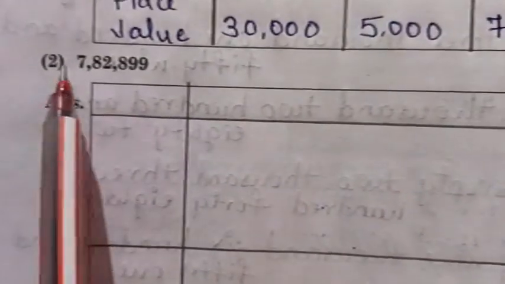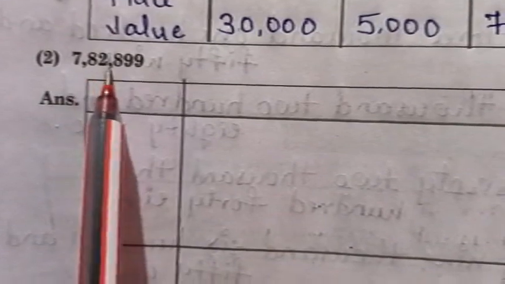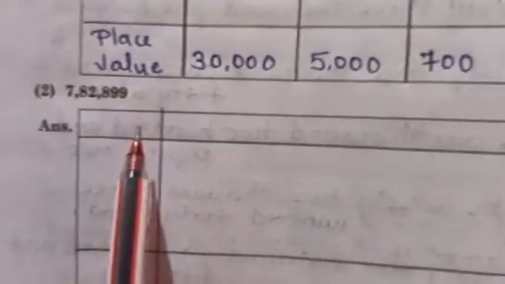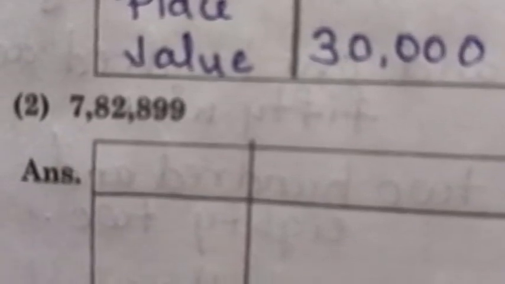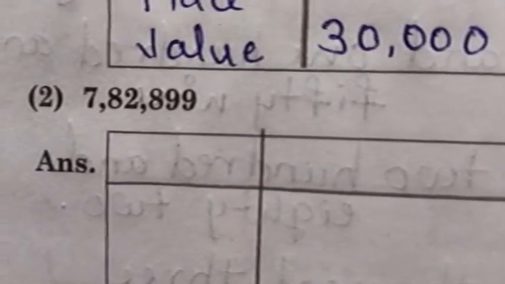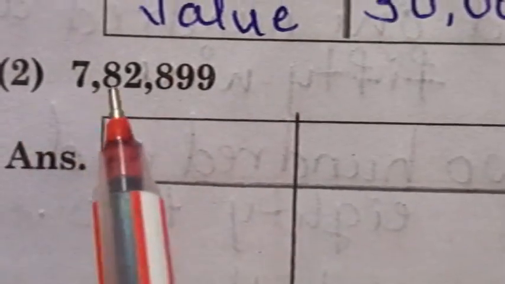Now students, here the second one is given: 7,82,899. What is the number given? 7,82,899.